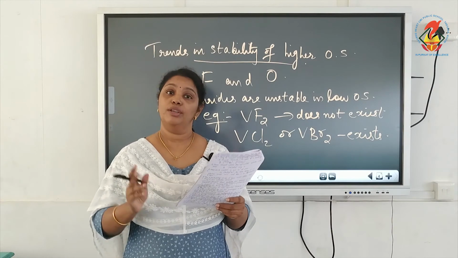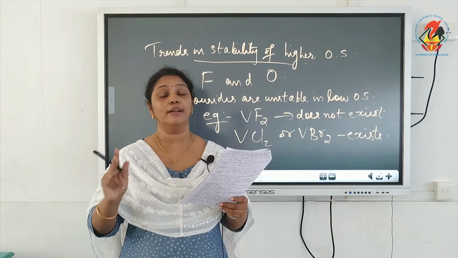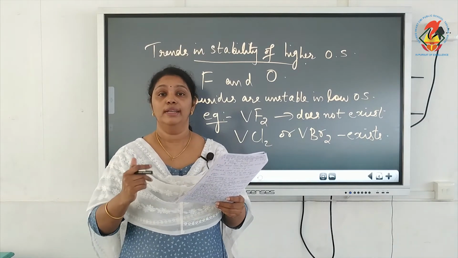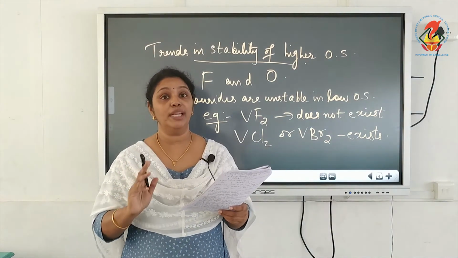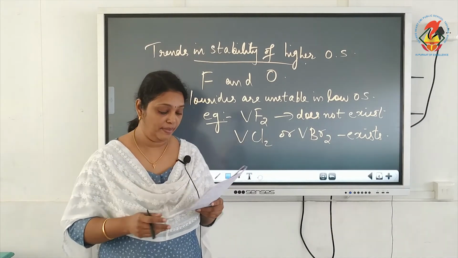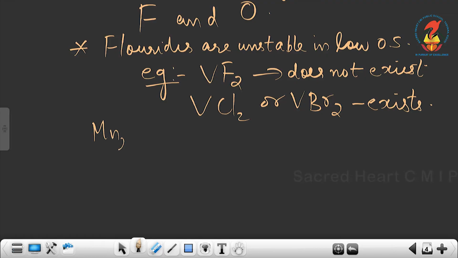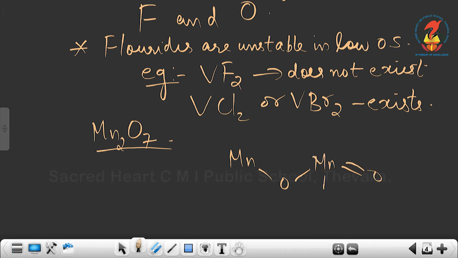And the answer is, both have small size and high electronegativity, but it is oxygen which stabilizes the higher oxidation state more, due to the ability of oxygen atom to form multiple bonds with the central metal atom. For example, Mn2O7. Oxygen can form multiple bonds. When you draw the structure of Mn2O7, the structure is Mn-O-Mn. Then we have manganese forming double bonds with oxygen.